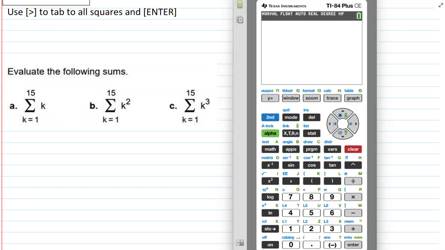Okay, so let's do the first one. These are showing the properties of k, k squared, and k cubed, which is part of what we do with Riemann. So we're going to hit the math key, and we're going to arrow down till we get to the 0. Enter, and it comes this way. Now, I'm not going to put k.